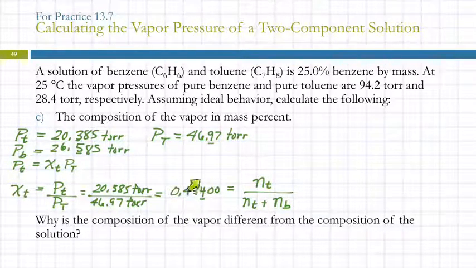So this mole fraction, we could write this as that number over 1. If this number over 1 is equal to this, that means the moles of toluene is 0.434, and so down here, 0.434 plus something has to equal 1, and we can figure out the moles of benzene.